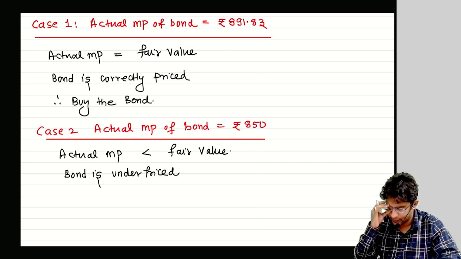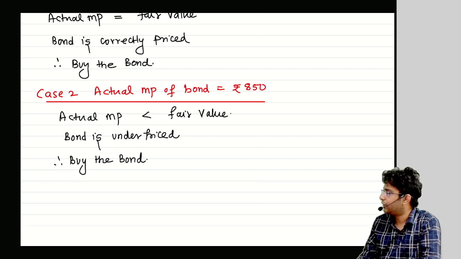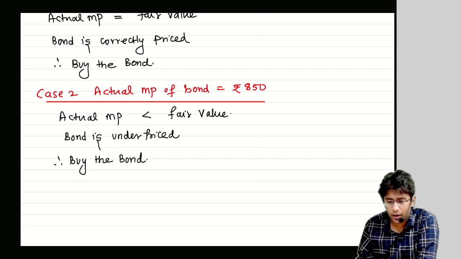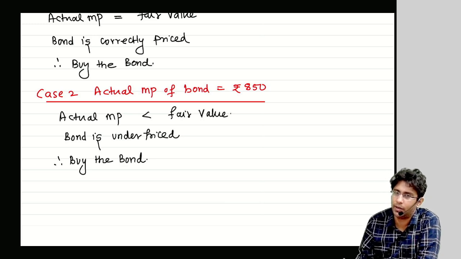Therefore, we'll buy the bond. Correctly priced, we'll buy the bond. Underpriced, happily we'll buy the bond.